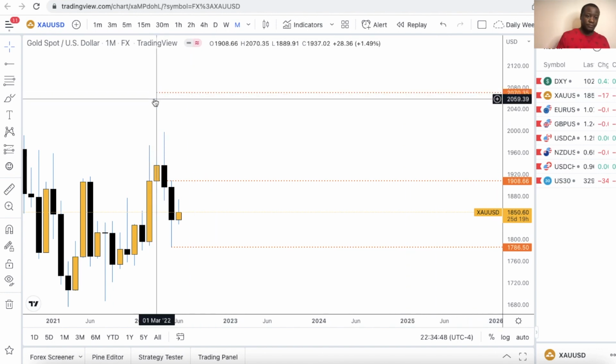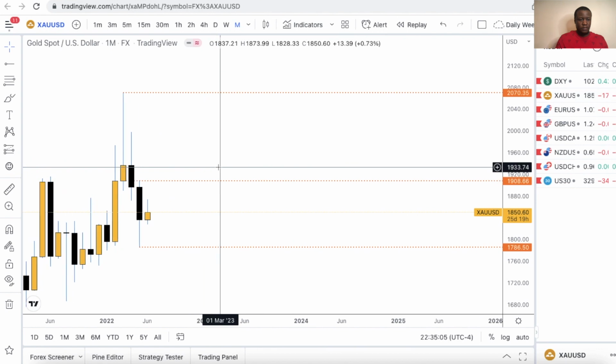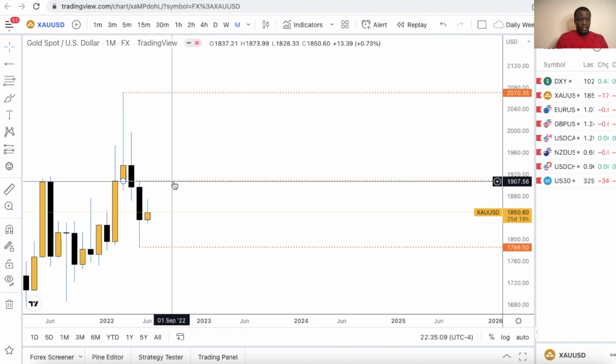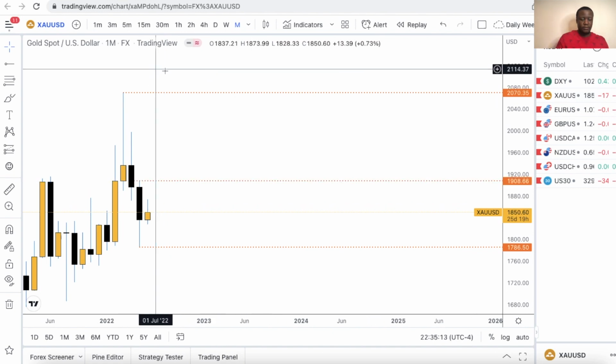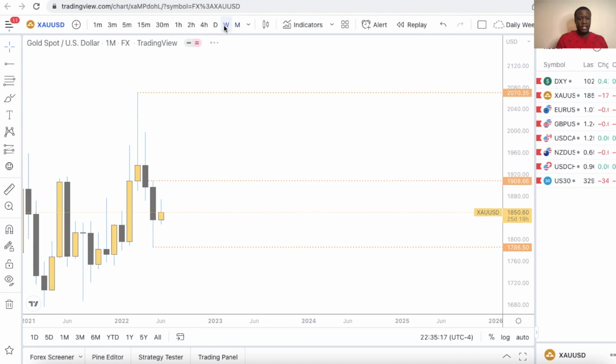If you're going towards a point, you want to round it down, and if you're going towards a point the other way, you want to round it up to the nearest 0 or 5 point. So we have the highs, the lows, and monthly levels.